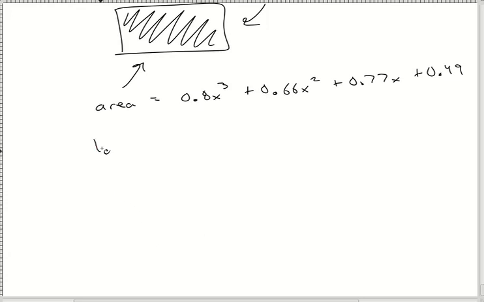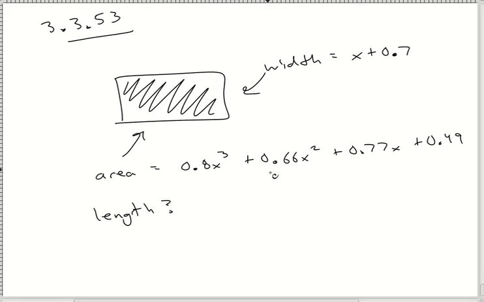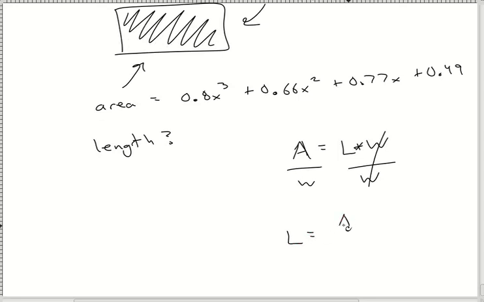And they're asking, what's the length? Well, if I remember, area of a rectangle is equal to length times width. So in order to find the length, I'm going to divide by the width on both sides. So length is equal to area divided by width. That's kind of like a formula. But notice that we're doing division here.